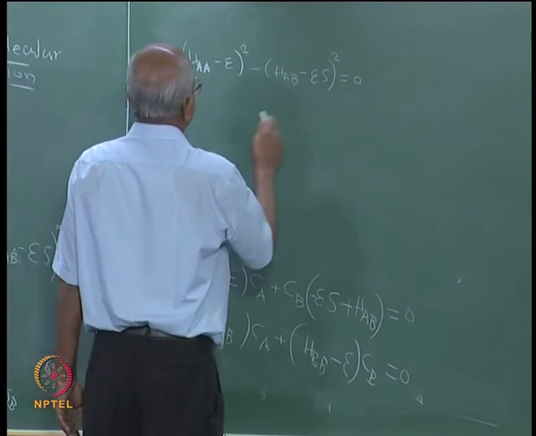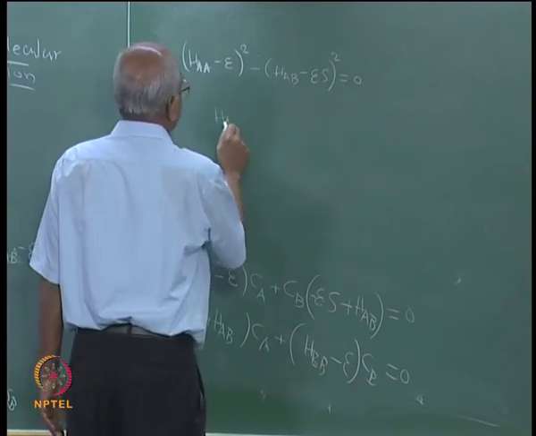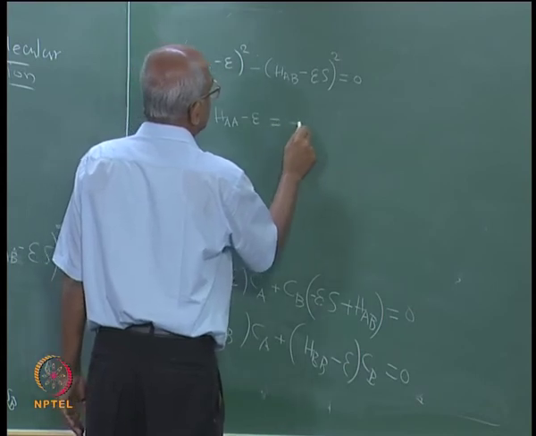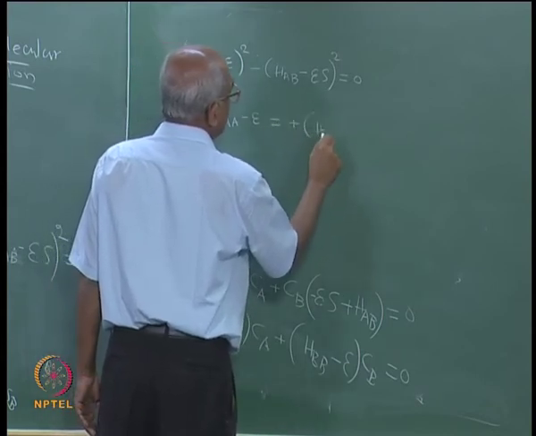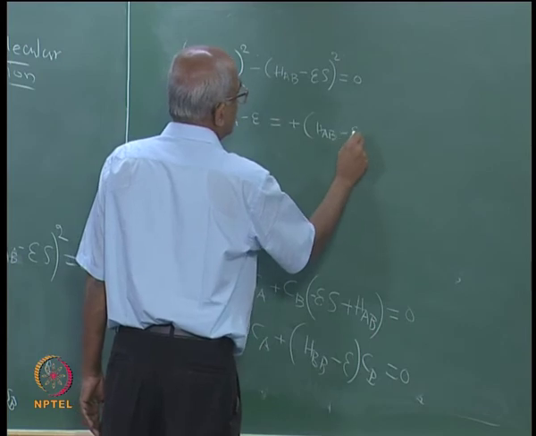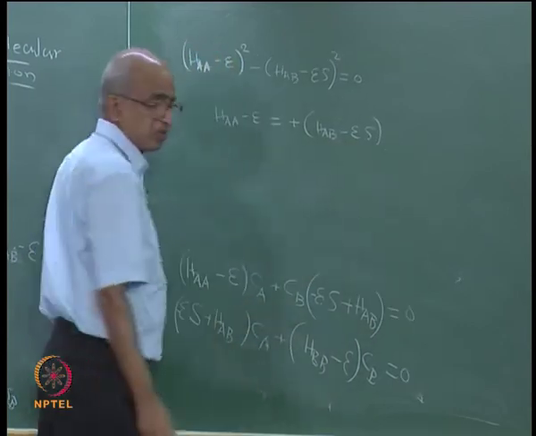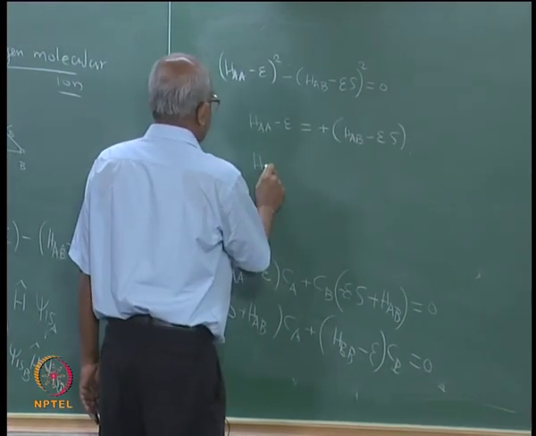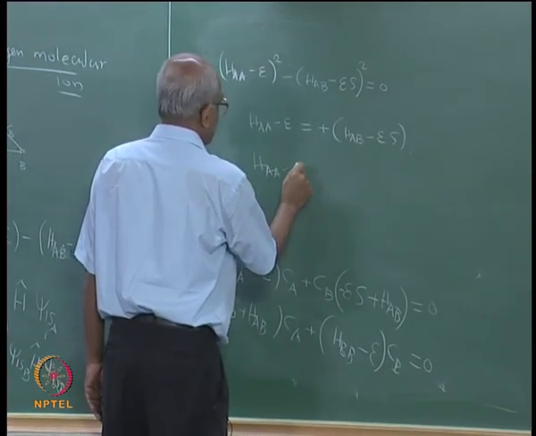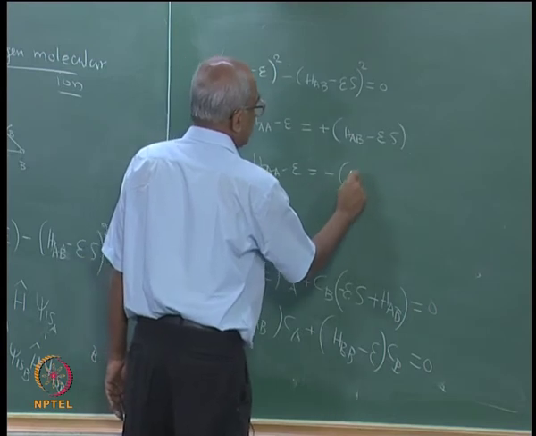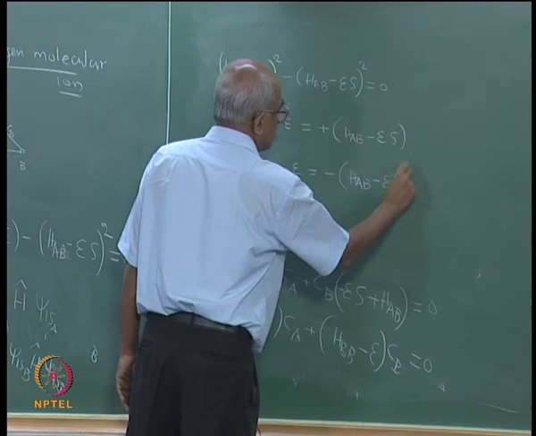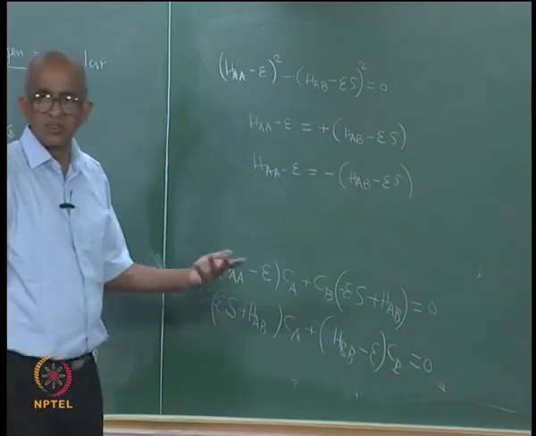Well, you take this to the other side, you will find that there are two solutions. This is one possible solution, and what is the other possible solution? HAA minus script E must be equal to negative of HAB minus script E into S. This is the other solution.